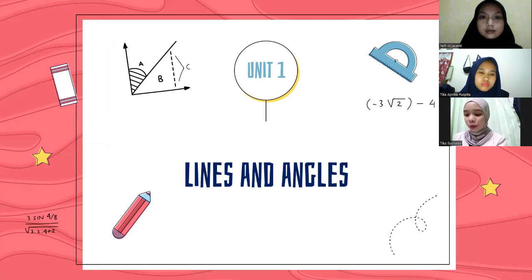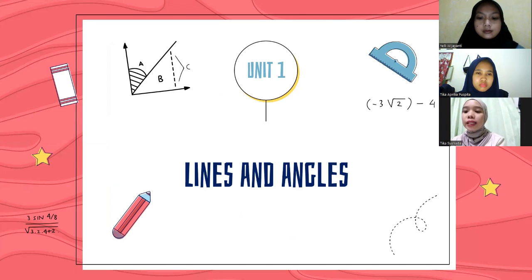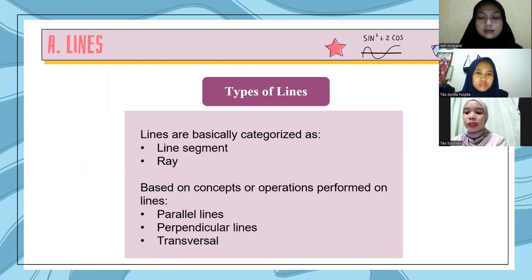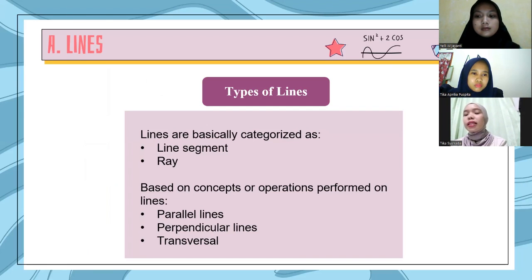Okay, from unit 1, we have the material about lines and angles. Before we jump to the types of lines, I will introduce what lines are.